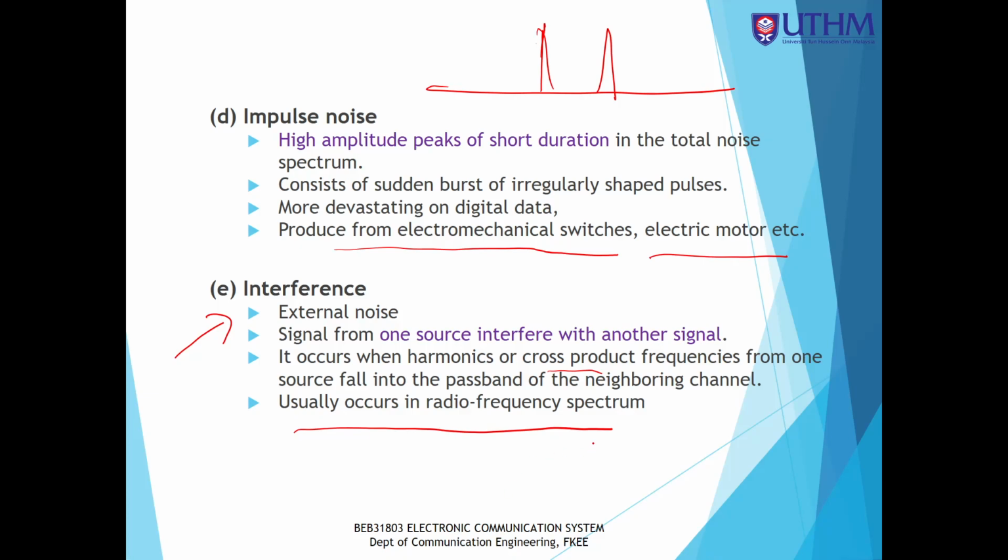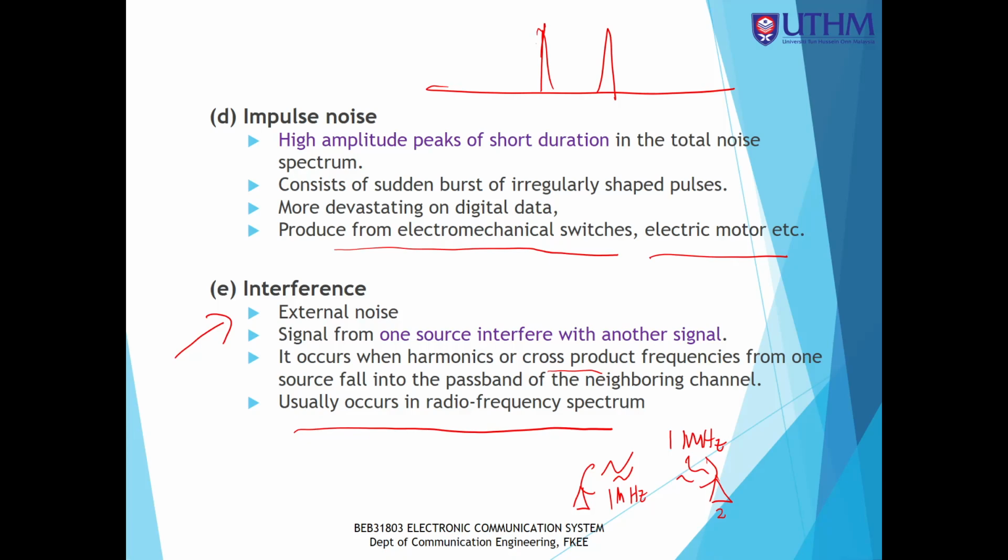Okay, so this interference happens when you transmit at the same frequency as other sources. So for example, if you transmit at 1 megahertz, okay, and then another source transmits at 1 megahertz also, so this will cause interference.